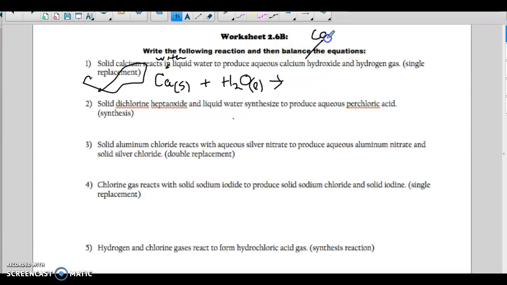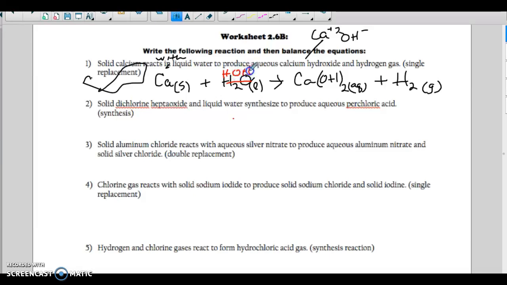So here I'm thinking, okay, plus 2, hydroxide's minus, crisscross. So don't forget the parentheses. And it's aqueous, so I'll put an AQ. And then hydrogen gas. Remember that one's diatomic. And then I can balance it. I think I'm going to write this water as HOH.